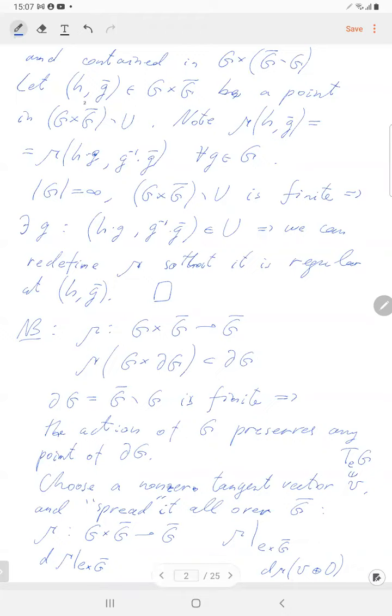Okay, d mu of v plus 0 is a vector field on G bar.